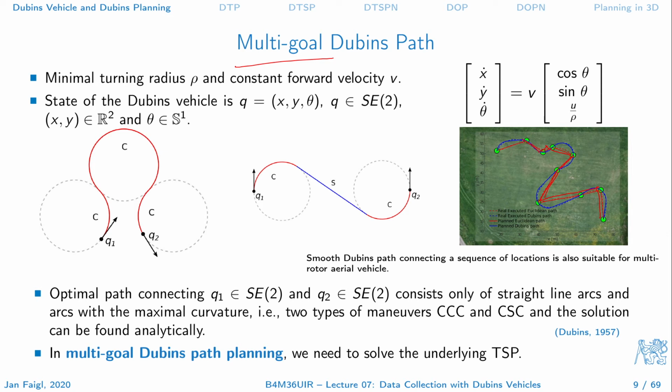So that's just the highlight that even for a multi-rotor vehicle, it is suitable to use a smooth path such as Dubins path. Anyway, in multi-goal Dubins path planning, we actually don't have the sequence given, so we have the underlying TSP.